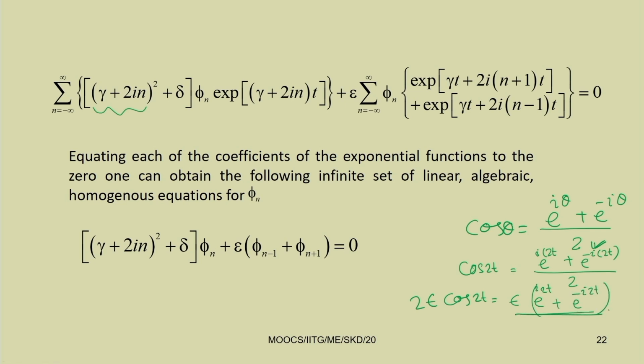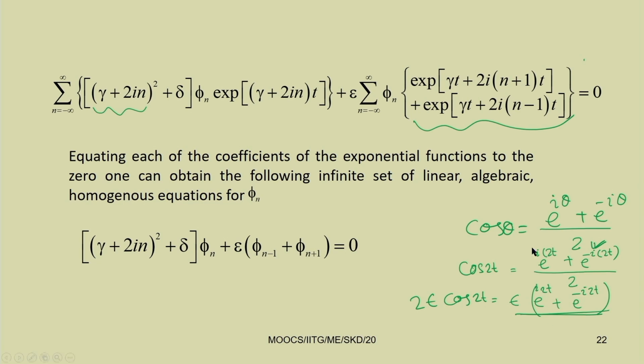Now we can multiply this with phi, which is summation n equal to minus infinity to infinity e to the power 2 i n t. If we multiply this with this term, the resulting things will be this. In one case, 2 is added to the exponent in addition to gamma t.